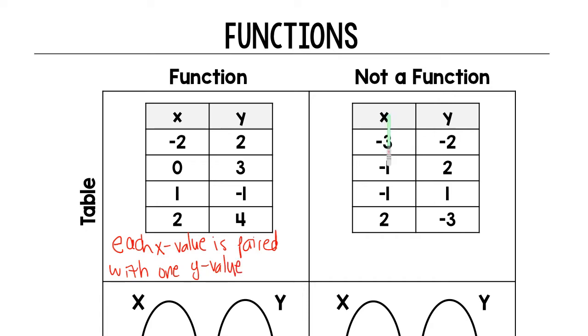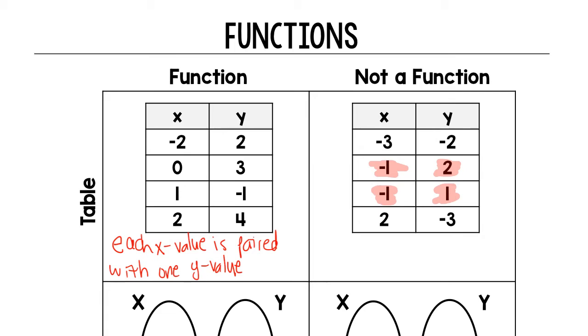No, a function is where we'll have x values and some are repeated, like -1 and -1. When they're repeated, -1 can either be 2 or 1. That means it's not a function.